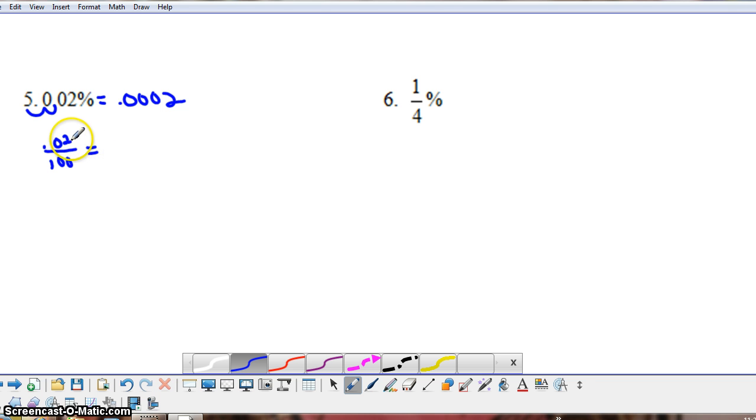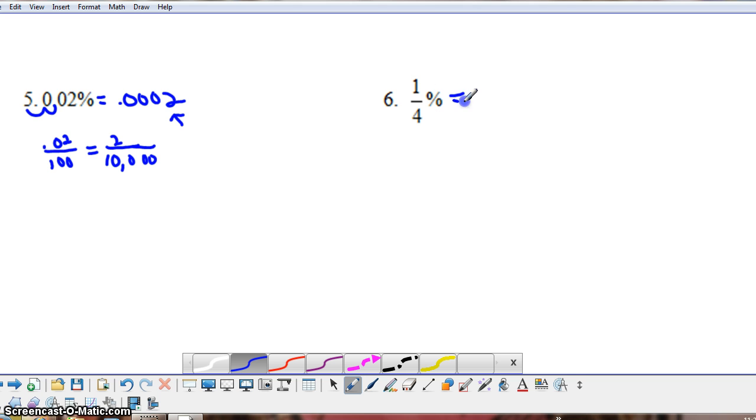Or if I multiply the numerator by 100 and the denominator by 100, I'd have 2 over 10,000. And if you take a look here, the 2 is in the tenths, hundredths, thousandths, 10,000ths place. So this is 2 10,000ths, or 0.0002.